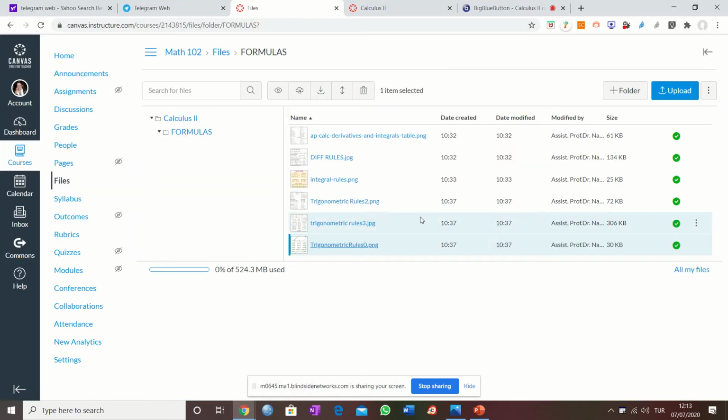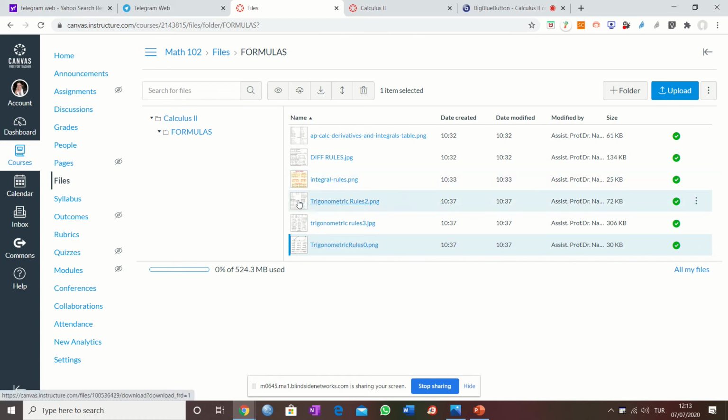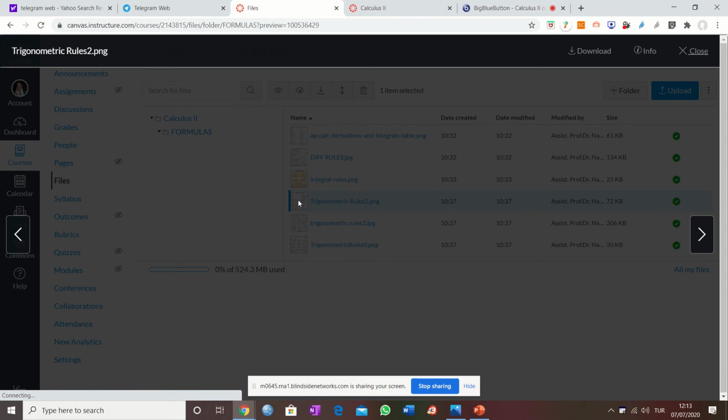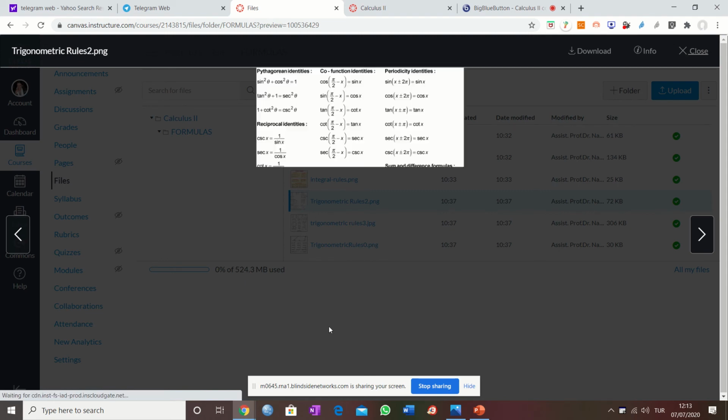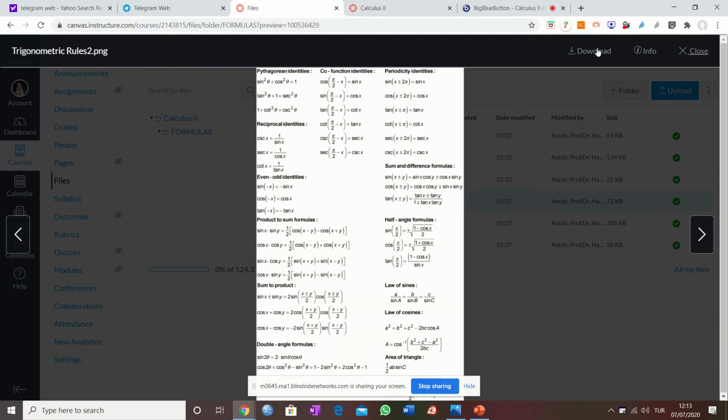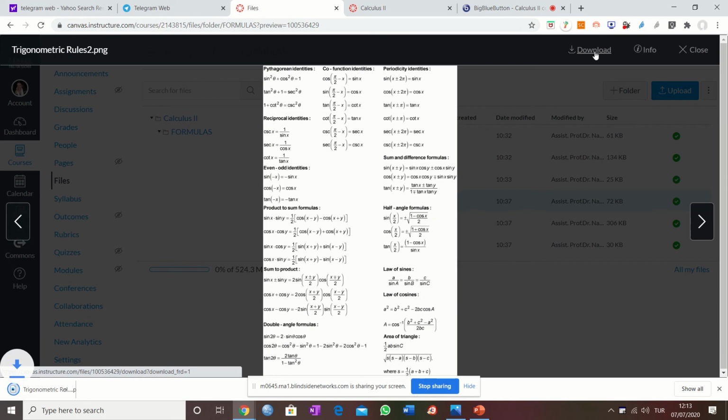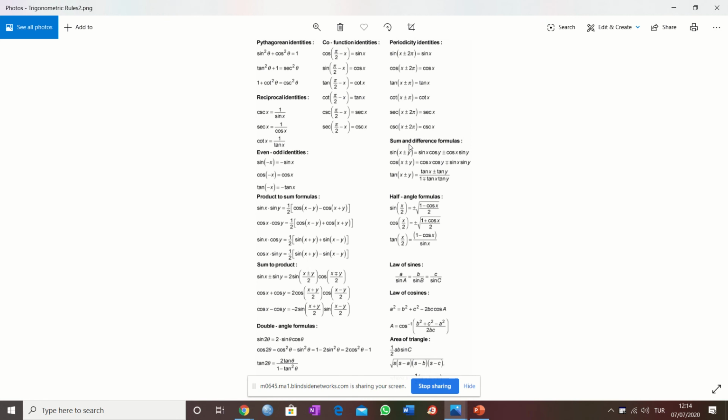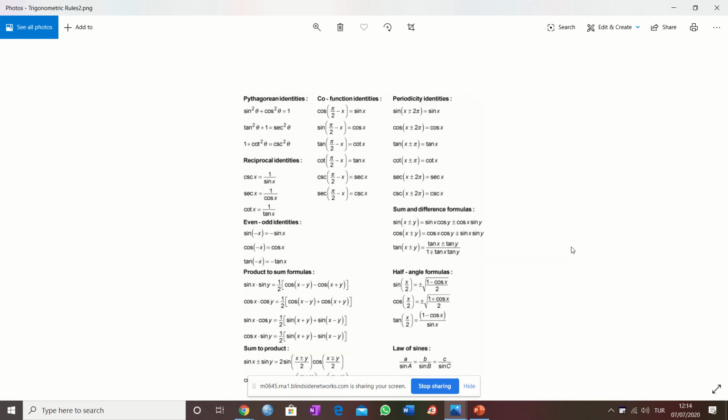Okay, I close this screen. Now these are trigonometric rules. Waiting to open. I am downloading it in order to make it bigger. Maximize it. Okay, this is better like that.